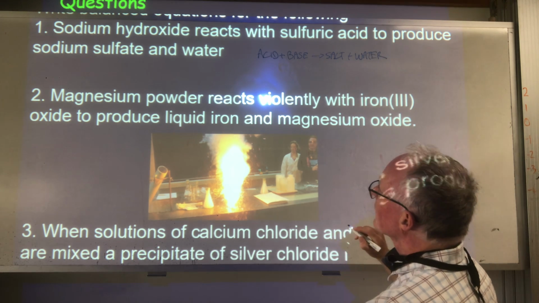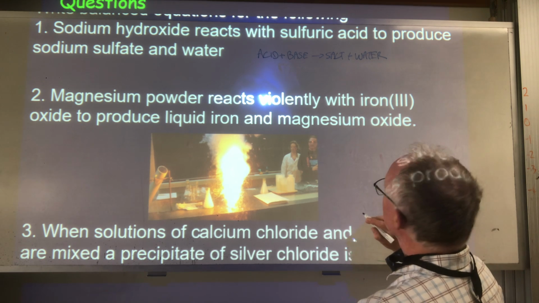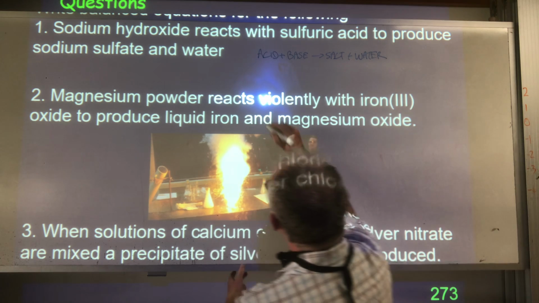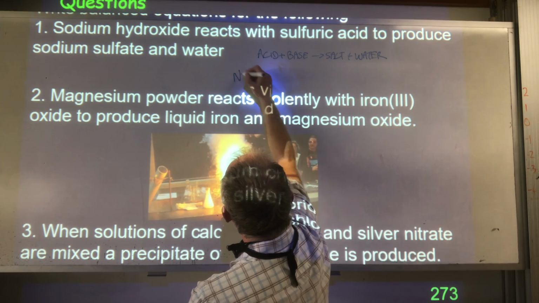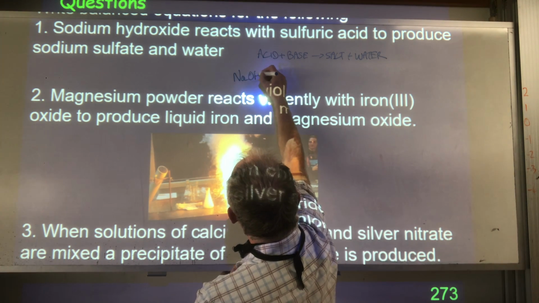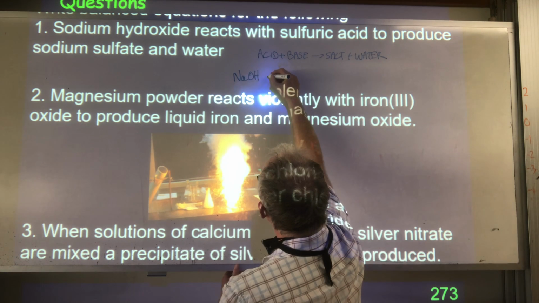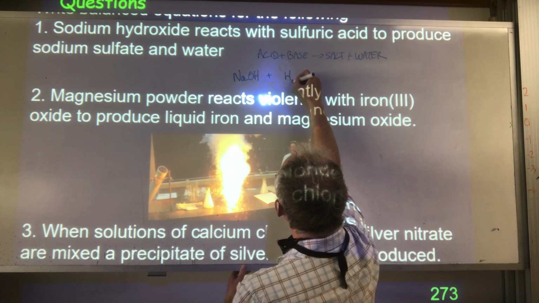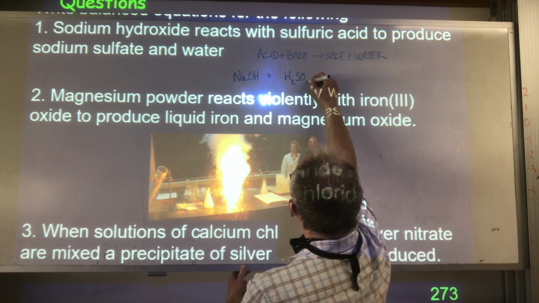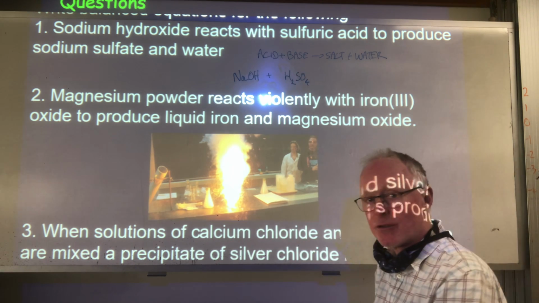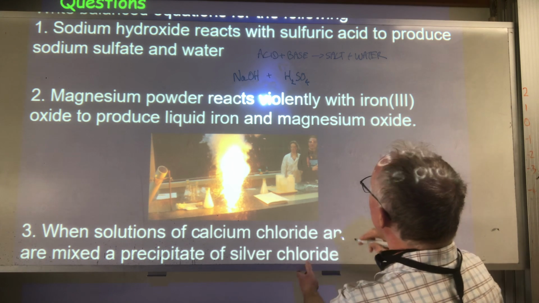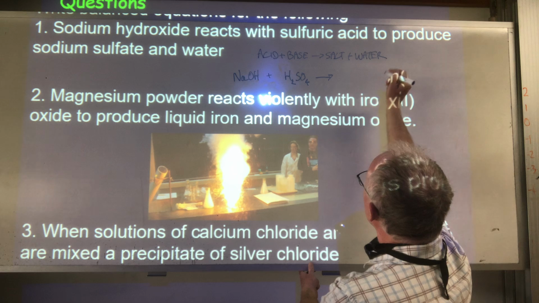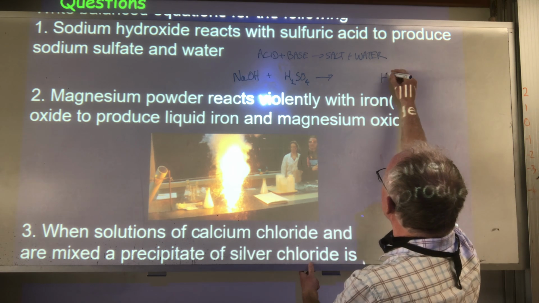And so in this case, I'm just going to go straight to a skeleton equation here. So we know that sodium hydroxide is NaOH. We know that sulfuric acid is H2SO4. Those common acids and bases, it's good to know those formulas off by heart. Now we know what water is, H2O.